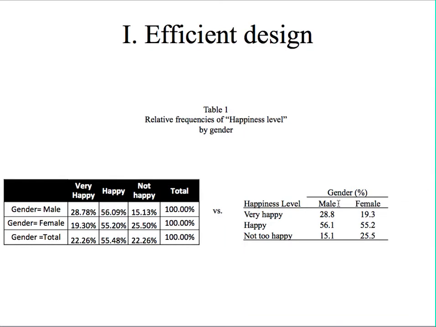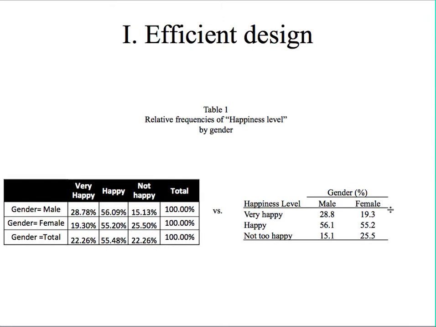Now we can compare male and female side by side. Okay, for the category I'm very happy, males have higher percentage, right, of very happy, and they have a lower percentage than females with the not too happy category. This was not allowing us to look at that easily.